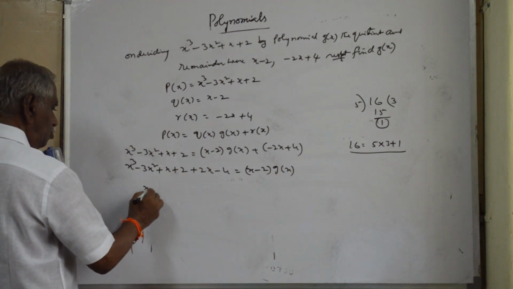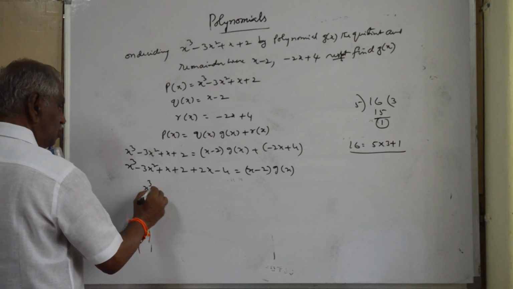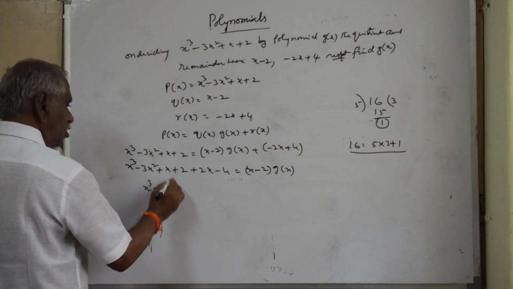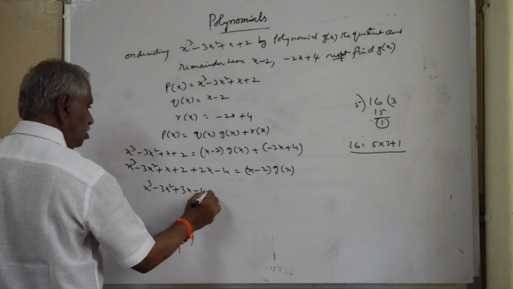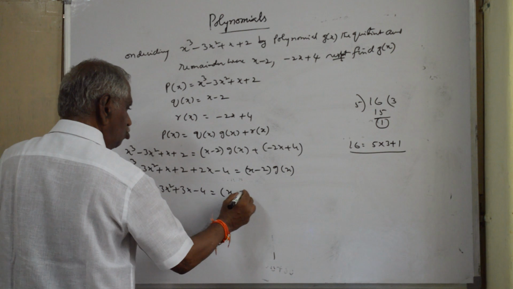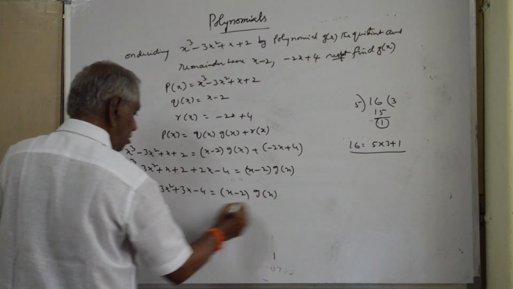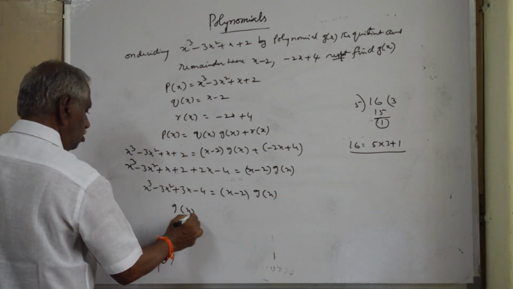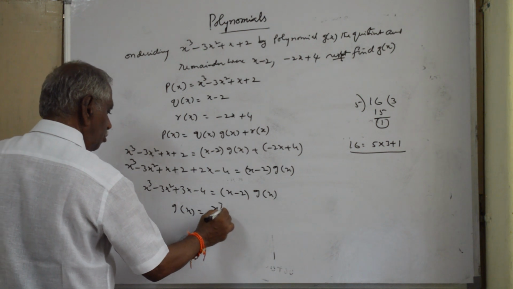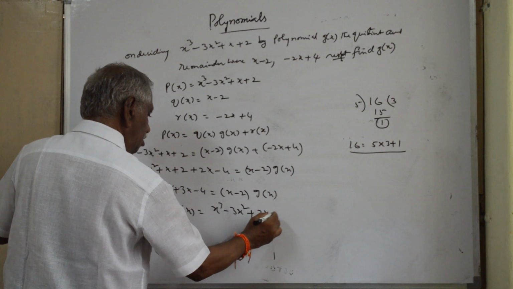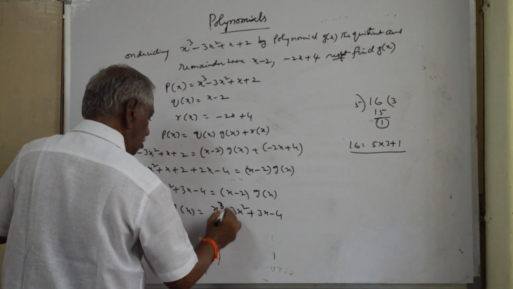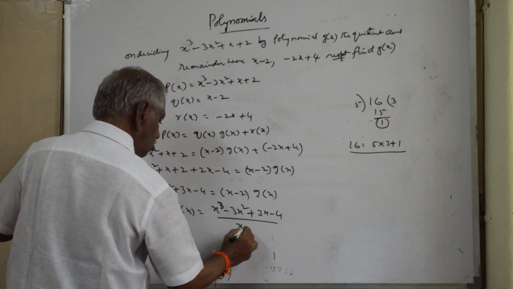Now it is x cube minus 3x square plus 3x minus 4 is equal to x minus 2 into g(x), or you may say g(x) is equal to x cube minus 3x square plus 3x minus 4 by x minus 2.